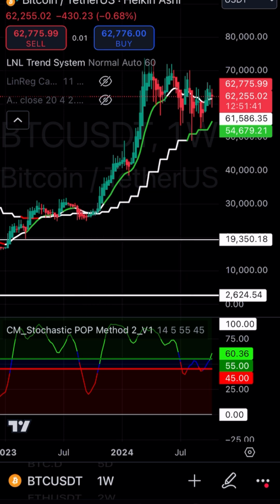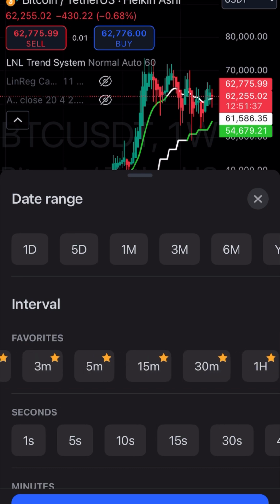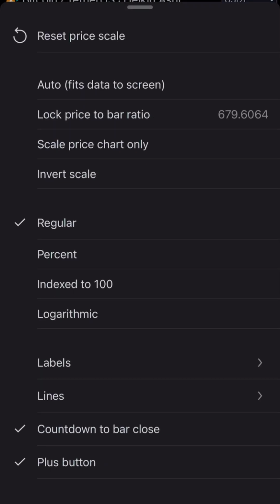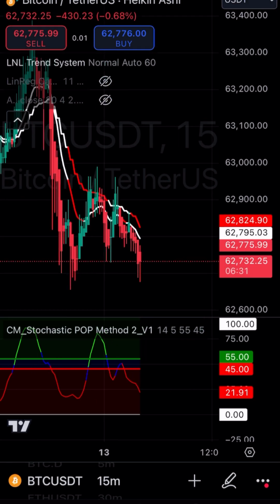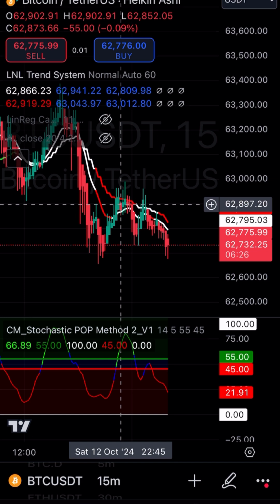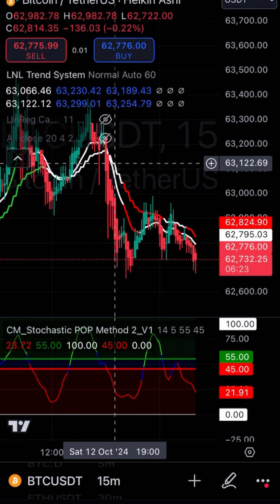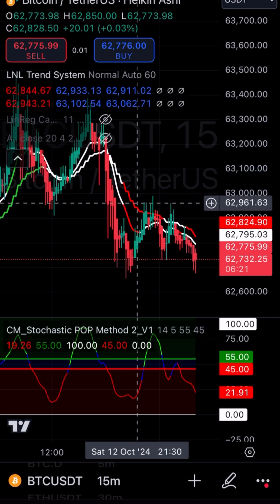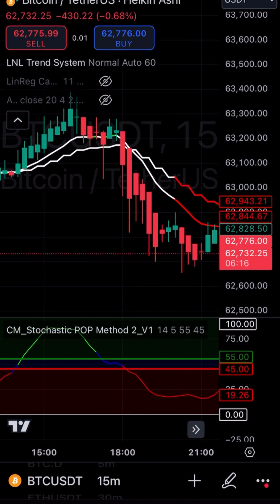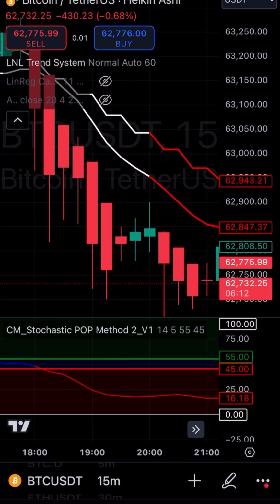So if you want to do this for a shorter time frame, for intraday, it works, but you have to be more cautious of consolidation moments because you will run into that. So you see it crossing down right here, and you see that with the CM stochastic. Now the same things I was talking about on the hour apply.